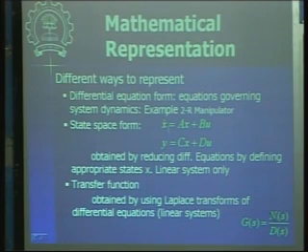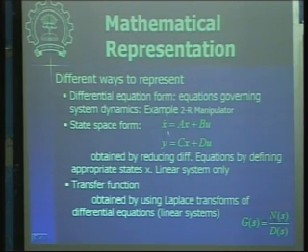One is the state space form, as you see in the slide. Basically, you reduce the order by changing the variables and put it in matrix form. In the robot we got a second order differential equation for each joint.